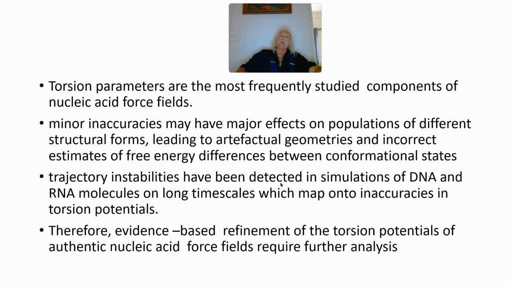And that will lead to artifactual geometries and incorrect estimates of free energy coefficients between the different conformational states. And all that's significant if you're a physical biochemist and you want to know all of those discrete geometries and free energy potentials of the nucleic acid you're studying, because that's going to play a role in the biological activity. Okay.